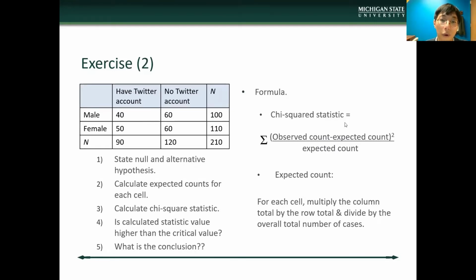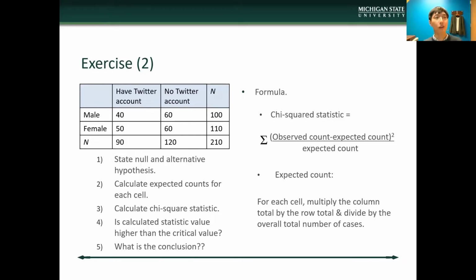And this is the formula I discussed in class. You can also see this formula in the lecture slides. And you will have some time to do the practice. So first you have to state the null and the alternative hypothesis, calculate expected counts for each cell, calculate the chi-square statistic, and compare the calculated chi-square statistic with the critical value, and you will make a decision.